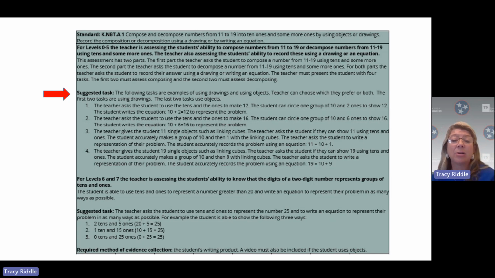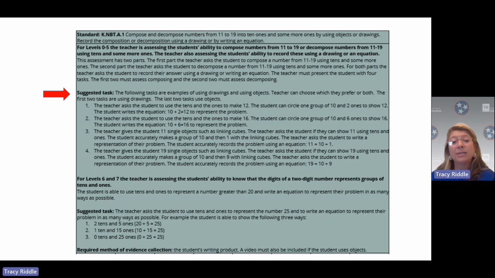Then the student writes out 10 plus 2 equals 12 to record the composition. And then you will see other examples of a student making 16 by circling a group of 10, 1 ten and 6 ones, writing out the equation to compose 10 plus 6 equals 16.